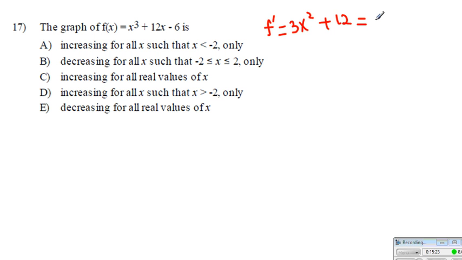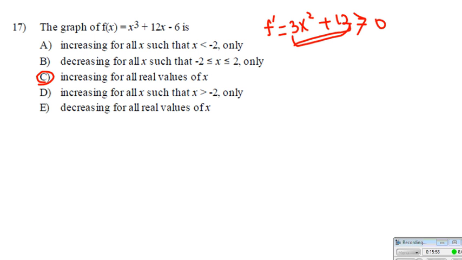Now, when you set this equal to 0, in fact, in this case, this will always be positive because the lowest value x squared can be is 0, and then with the plus 12, this will always be positive. So that means increasing at all real values of x right here. That would be our answer because f prime is always positive.